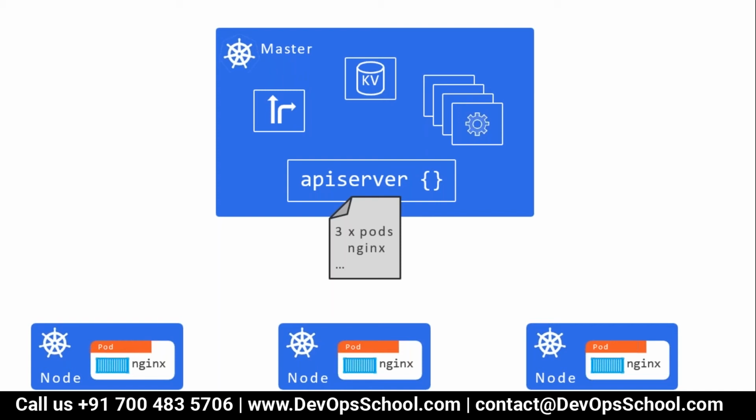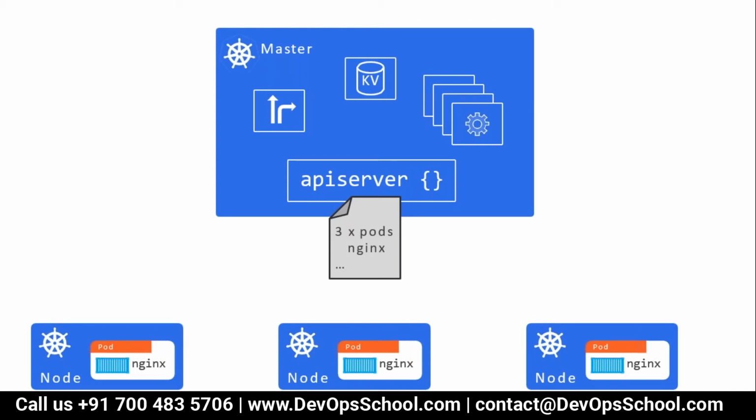So is there any communication between etcd and the controller? No. I think we discussed in detail yesterday. No one talks to anyone except the API server to etcd. Controller talks to API server, scheduler talks to API server, kubelet talks to API server, kubectl talks to API server, kube-proxy talks to API server.